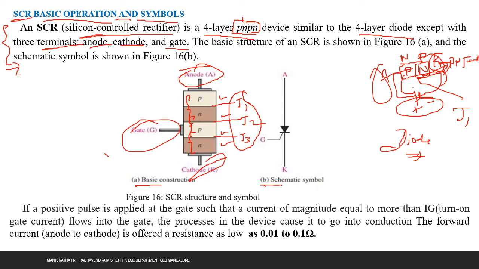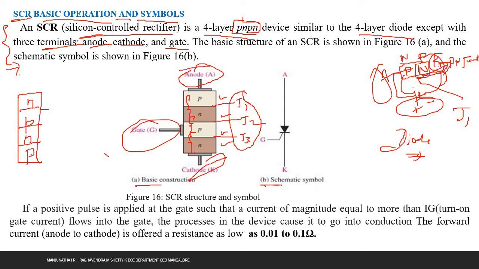This is the example for PN, but we can also see the structure of SCR as NP, similar to the diode. A diode can have a PN or NP structure, so in the SCR also we can have PNPN or NPNP.